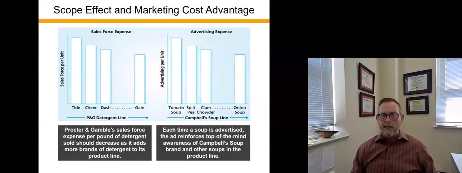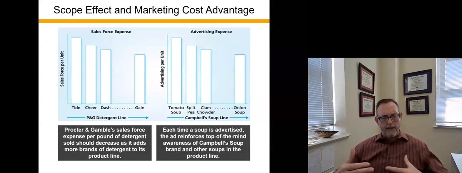Advertising is another example, with Campbell's Soup. When Campbell's goes to a media outlet, they buy time, and instead of buying time separately for tomato soup and split pea soup and clam chowder, they buy one block for all their products. After they make this enormous purchase, they divvy up the time by each different type of soup they want to advertise.